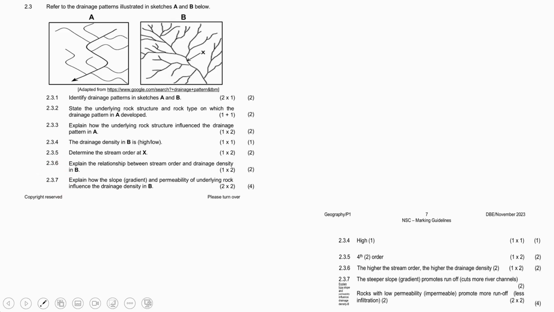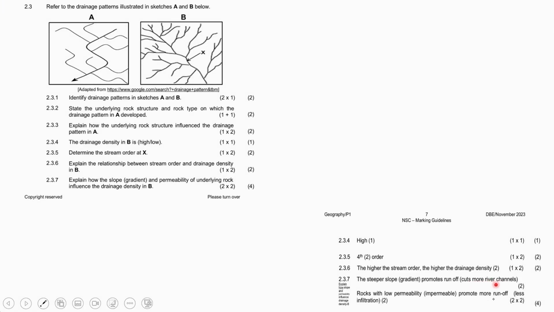Explain how the slope, gradient, topography, and, which is now the second one, permeability of the underlying rock influence the drainage density in basin B. Now, the marking guideline says the steeper the slope, the more the runoff, and therefore, the higher the density.